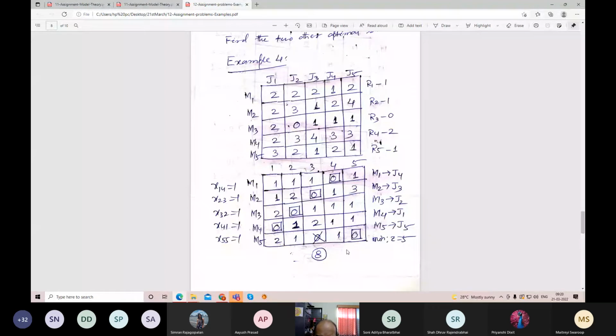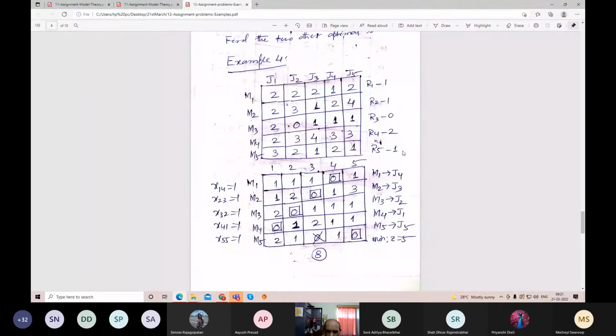For this example, the first row minimum is 1. Second row minimum is 1. Third row 0. Fourth row 2, and fifth row 1. We subtract 1 from all the first row elements, 1 from the second row elements, 2 from the fourth row elements, and 1 from the fifth row elements.